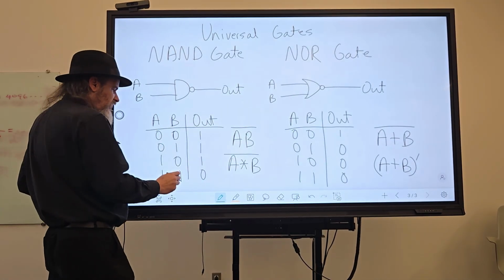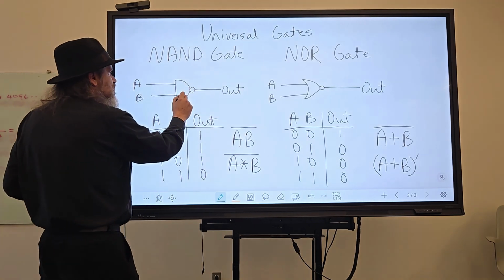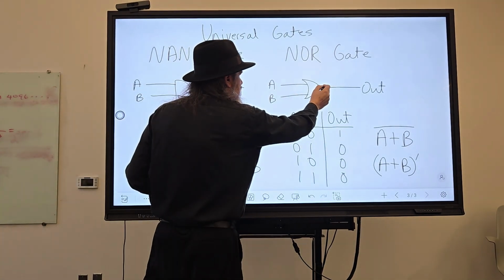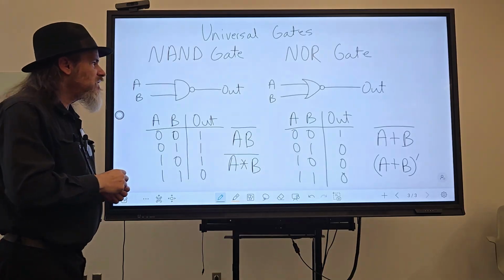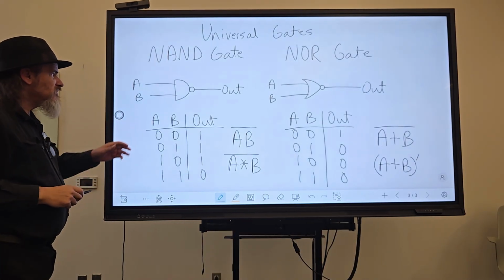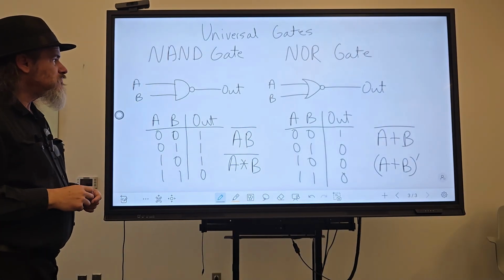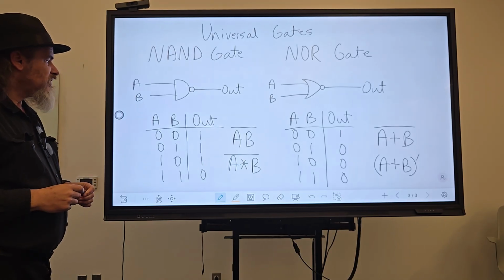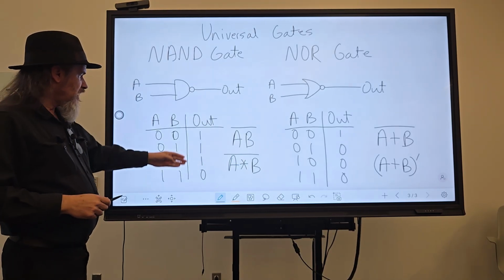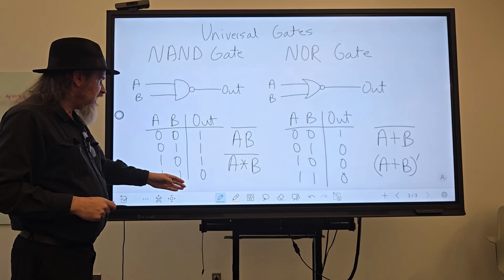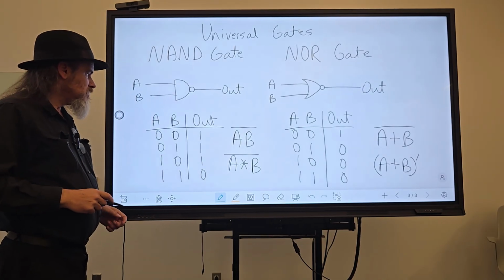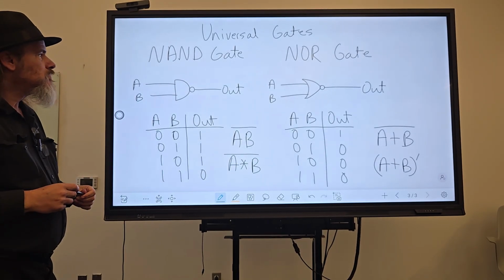But this bubble here indicates that the output is inverted from what the symbol normally would be. So same state table as an AND gate, just inverted outputs.